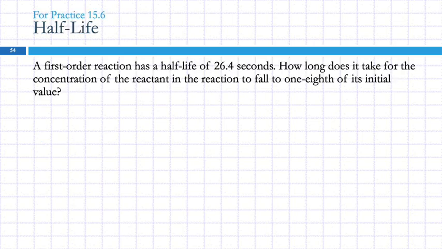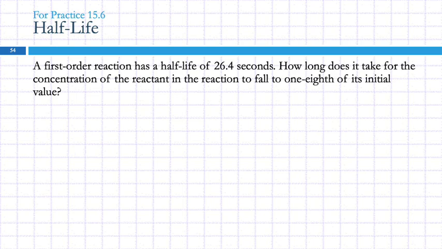Here's another one. A first order reaction has a half-life of 26.4 seconds. How long does it take for the concentration of the reactant to fall to 1/8 of its initial value? We can do this using the equation, or we can do this just thinking about it.